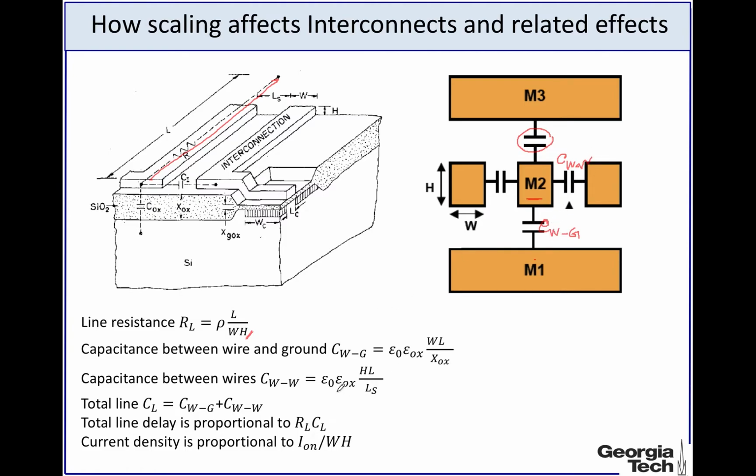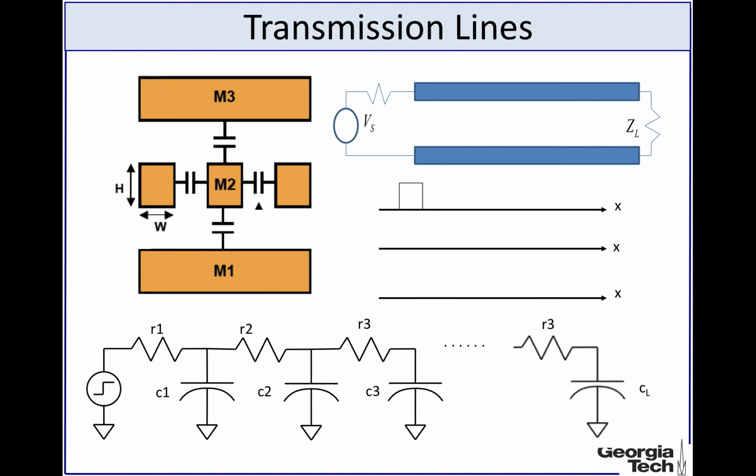And one of the important points that we made is that the total line delay is proportional to the line resistance multiplied with the line capacitance. So what we have seen is that there is a resistance associated with this interconnect, as well as all these capacitances.